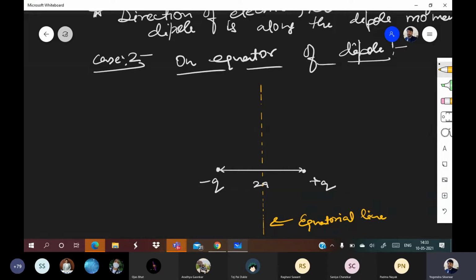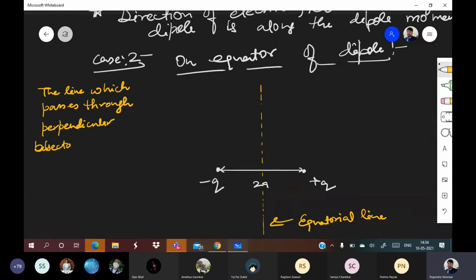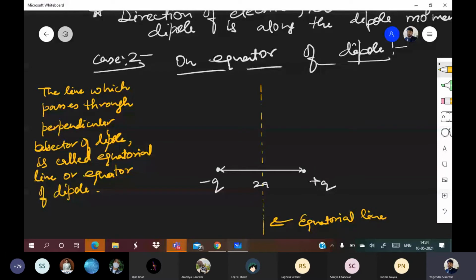So which is equatorial line? The line which passes through the perpendicular bisector of dipole is called equatorial line, or equator of dipole.